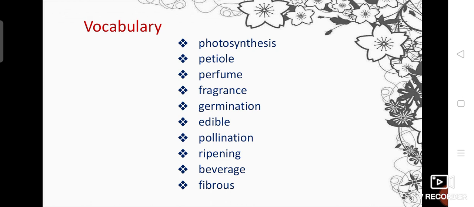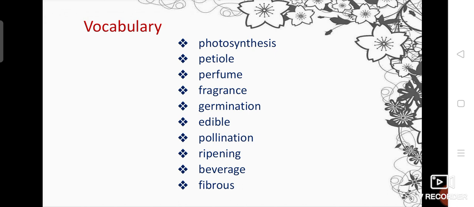The first topic we are going to see is vocabulary. The first one, photosynthesis. We have described this term a lot in our video, but I want to repeat it again. The term photo represents light.